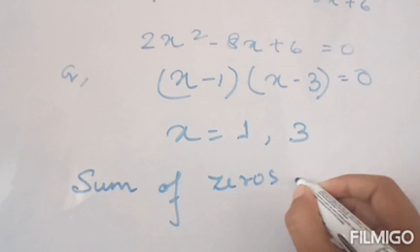Then, suppose the sum and product of the zeros of a polynomial are given, which means this value and this value will be given and you need to form the equation. That may come. Or it may come as verify the relationship between the zeros of a polynomial.